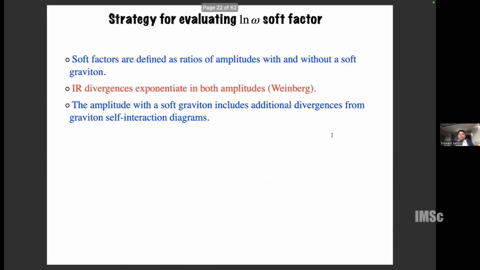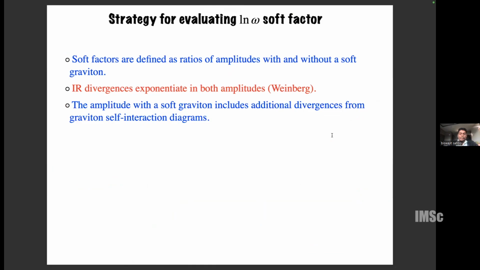Very good. So now, what was the challenge and how did we resolve this issue to derive, for example, this log omega soft factor? What we realized first is that soft factors are defined as ratios of two amplitudes, with and without the soft graviton. And also what Weinberg already taught us, that the IR divergences for perturbative gravity basically exponentiate when you sum over the loop diagrams.